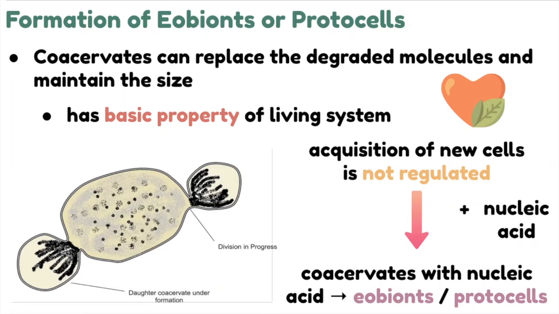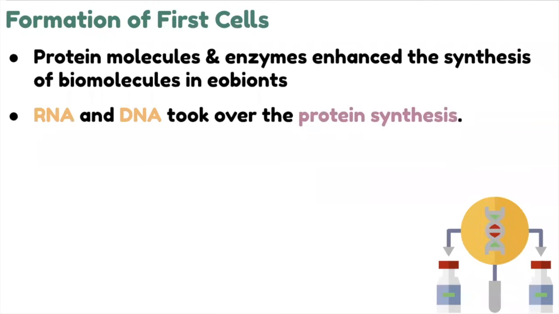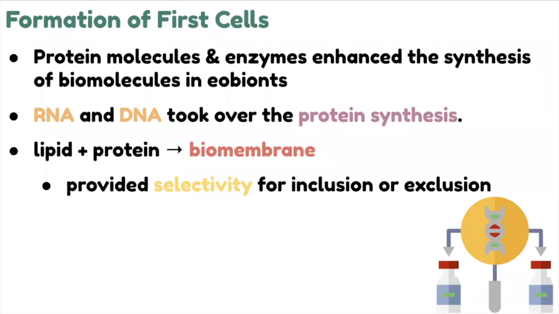Now, the second step is the formation of the first cells. Protein molecules and the appearance of enzymes have enhanced the synthesis of several biomolecules in eubionts. RNA and DNA developed, and these molecules have taken over the protein synthesis. The interaction of lipid and protein allowed the formation of biomembrane, which has provided selectivity in the primitive cell for intake or exclusion of material.